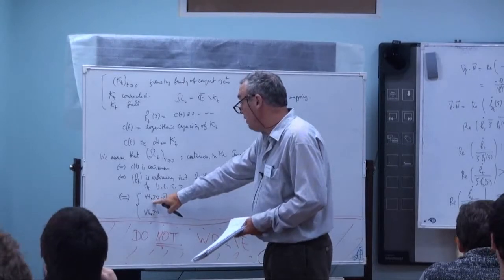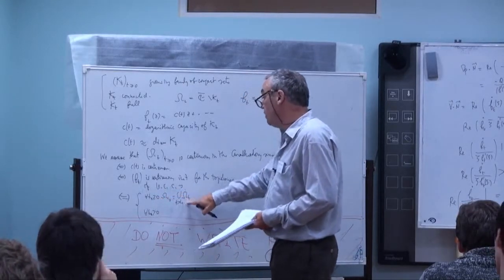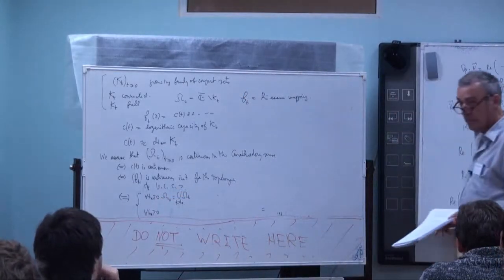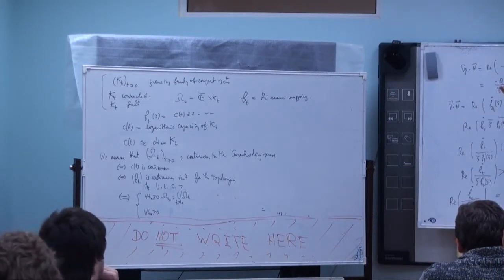First of all, for any t0, Omega_t0 is the union of Omega_t for t greater than t0. Remember that Omega_t is decreasing.